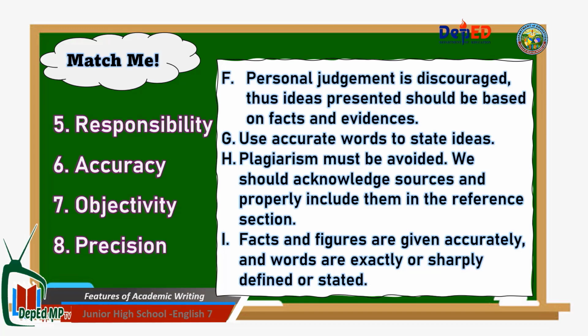G. Use accurate words to state ideas. H. Plagiarism should be avoided. We should acknowledge sources and properly include them in the reference section. I. Facts and figures are given accurately, and words are exactly or sharply defined or stated.